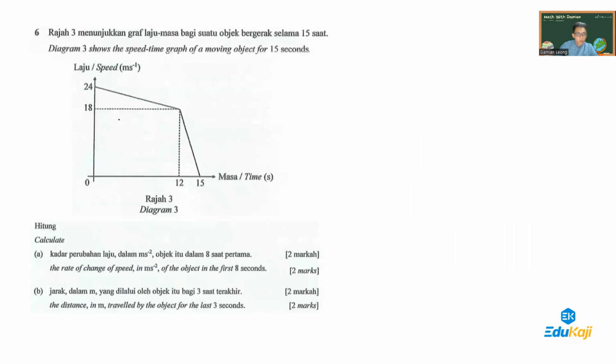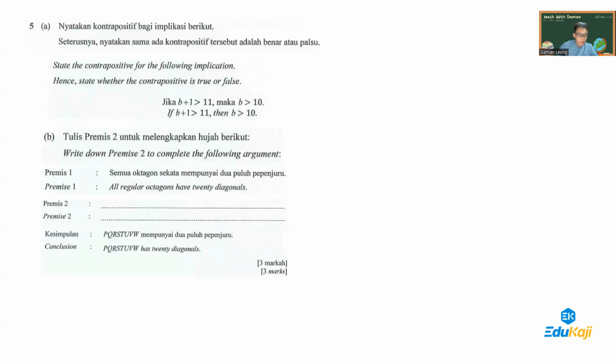Question 5. I want to state the contrapositive for the following implication. Hence, state whether the contrapositive is true or false. Now, if the statement is true, the contrapositive will be true as well. So whether true or false, we can look at the statement itself or at the contrapositive.